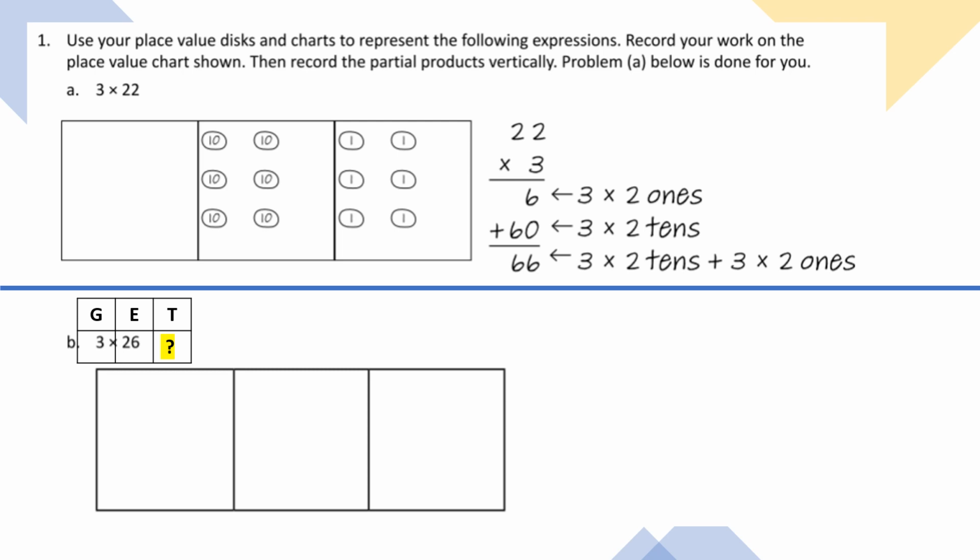So I want you to write a get chart above your equation for letter B, just like I've done here on the screen. And after you write your get chart above your equation, I want you to go ahead and create 3 rows of 26 in this place value chart.